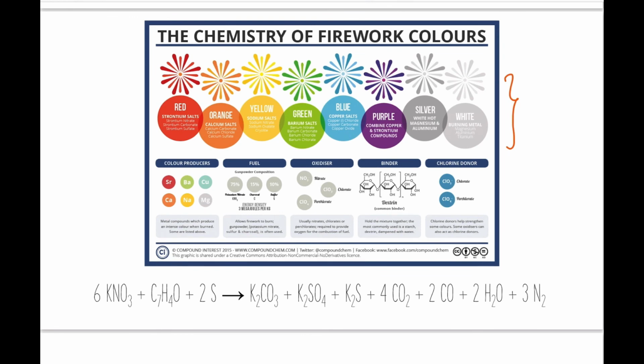In this equation below, I use the salt potassium nitrate reacted with C7H4O and sulfur. It will produce all these new substances. During the combustion, you can observe the color of potassium salt, which is lilac, almost pink.